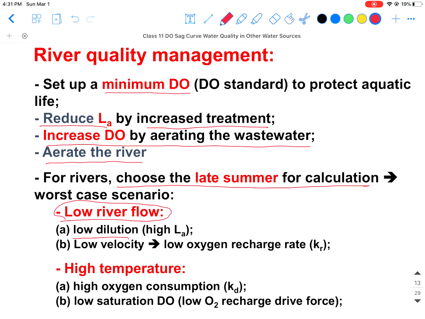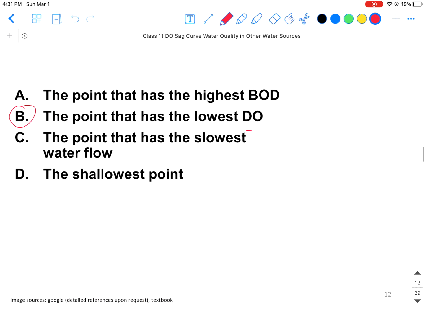As we learned from our last class, the less we dilute, the higher the BOD, right? During the summer, normally there will be a high BOD. And because of that, we're going to have a low velocity. And this is mainly because the velocity is going to determine the rate of the aeration.